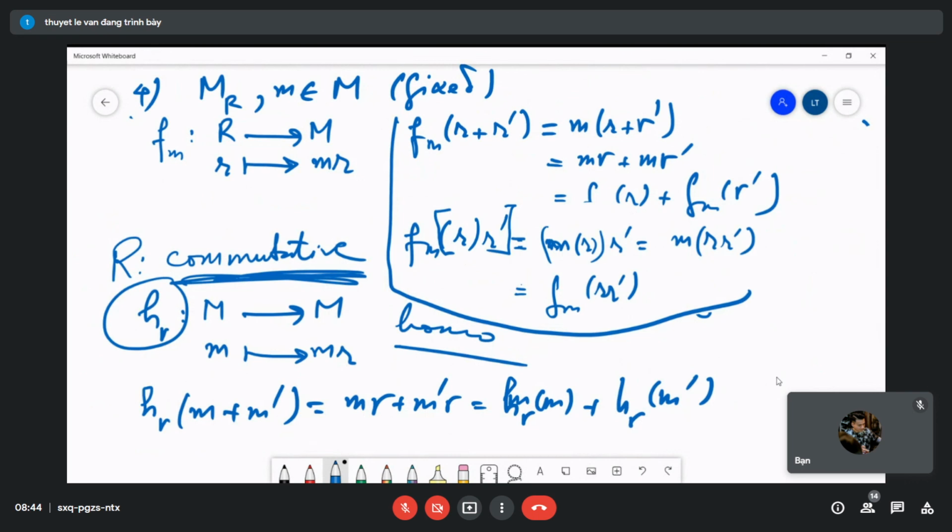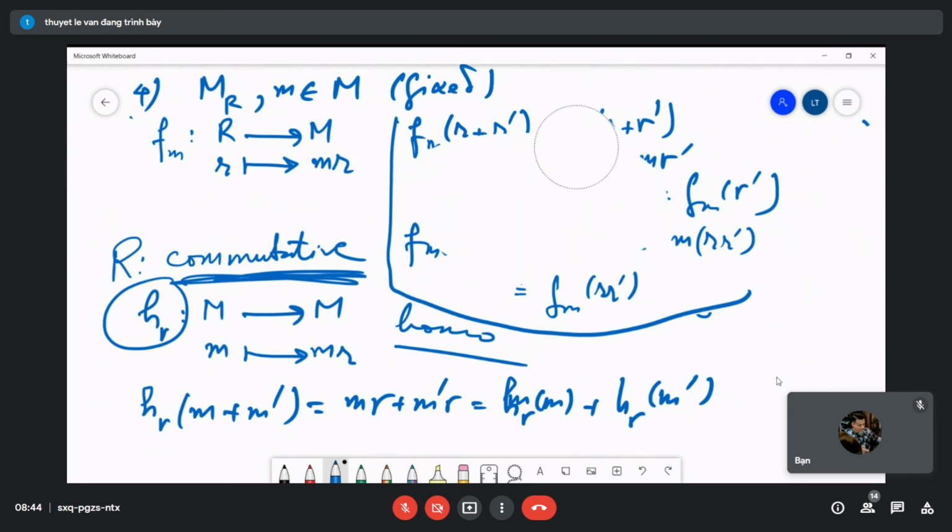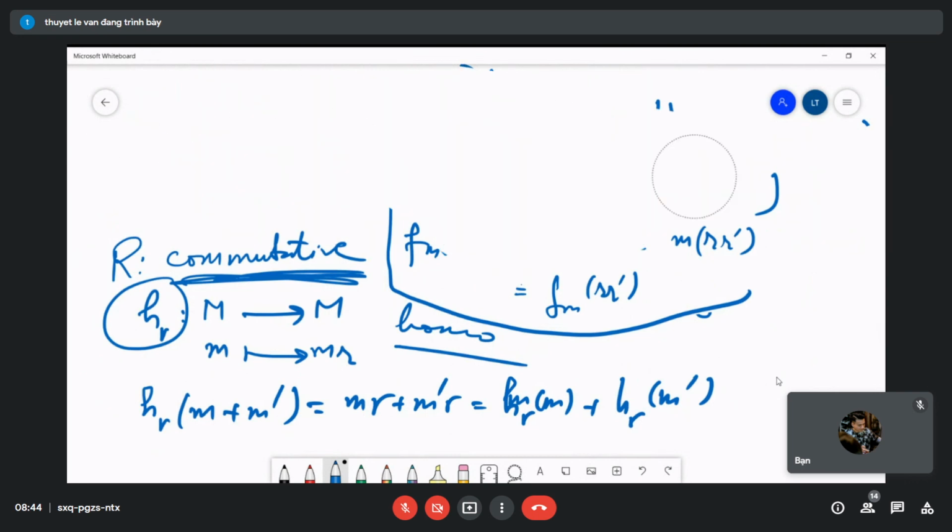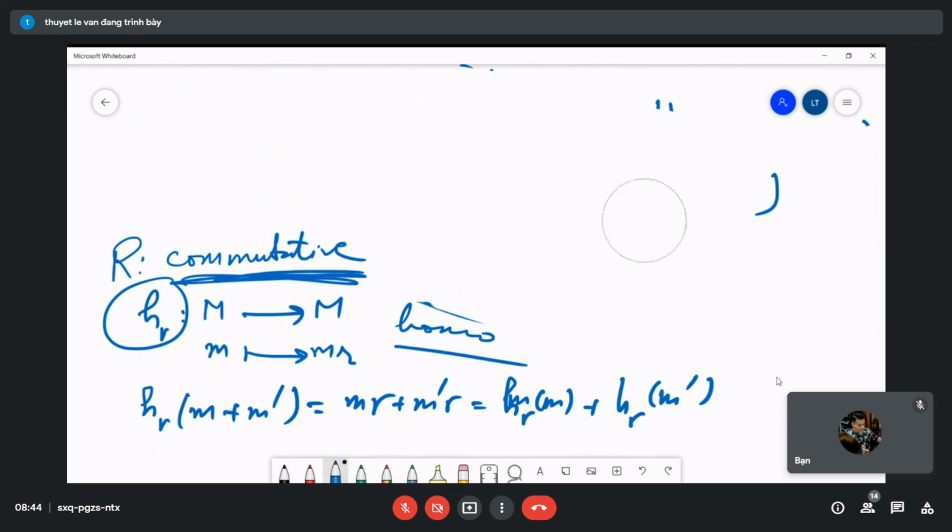The commutative, okay, I can erase here. You can take the H_R of M R prime. That is equal to what?